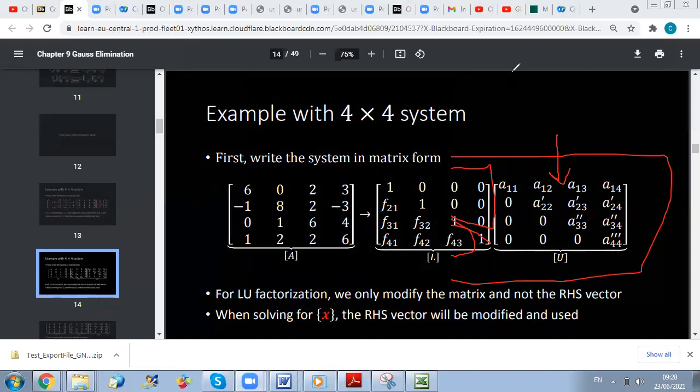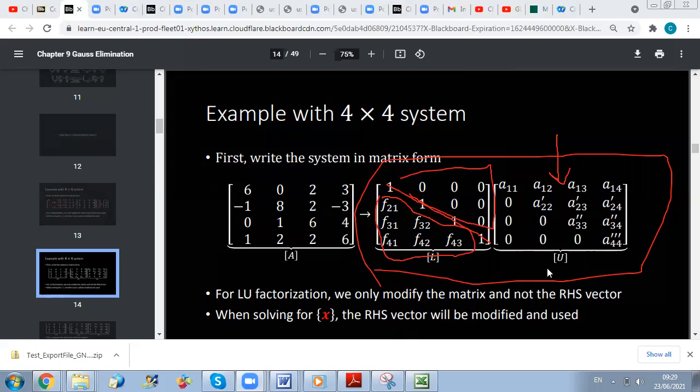Yes, Charbel, you don't start with L, it's L times U, because if you try it, it should be L times U to give you A. You get U from forward elimination first.